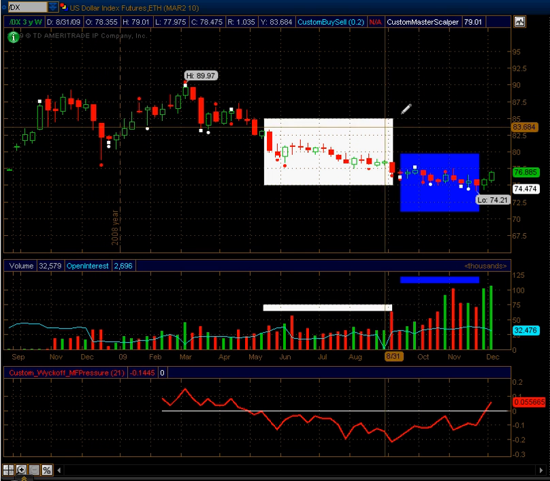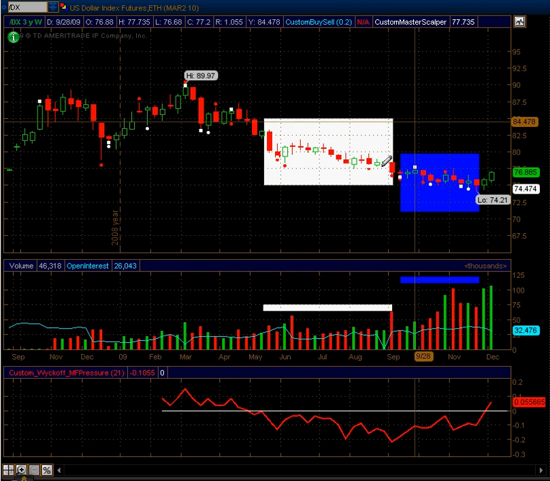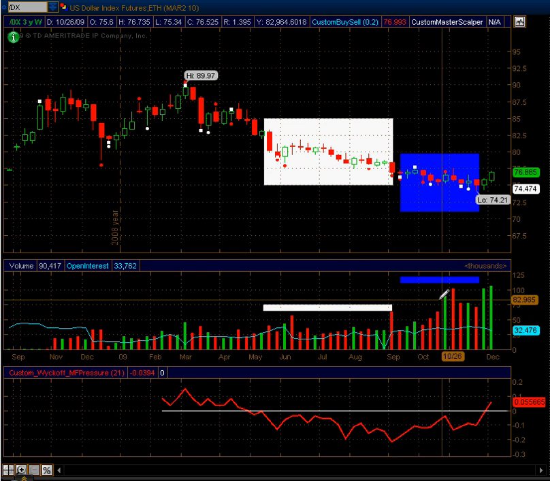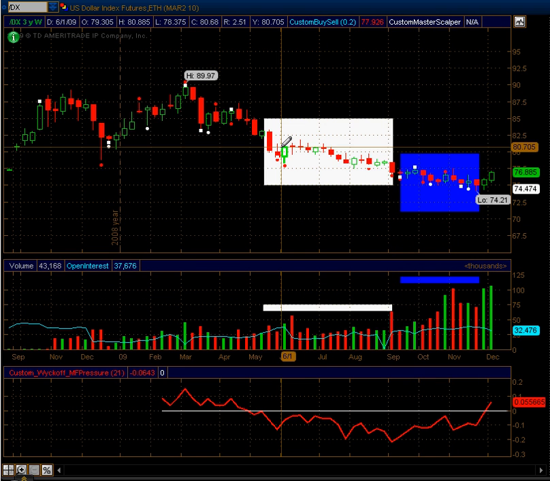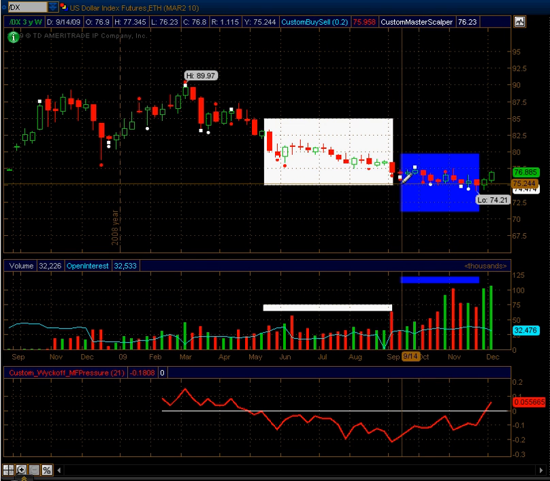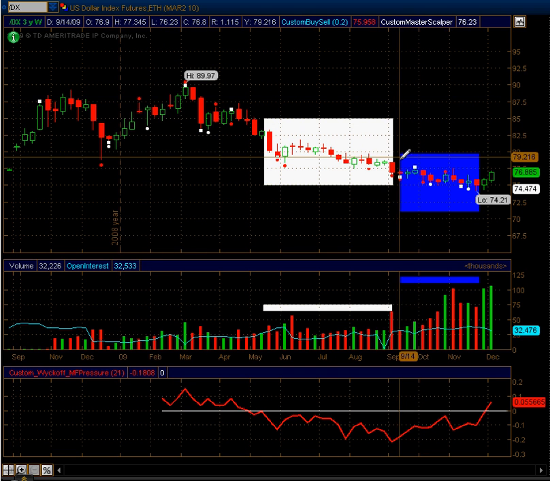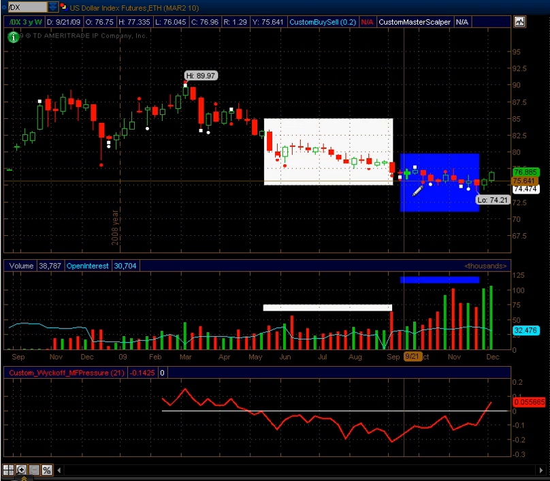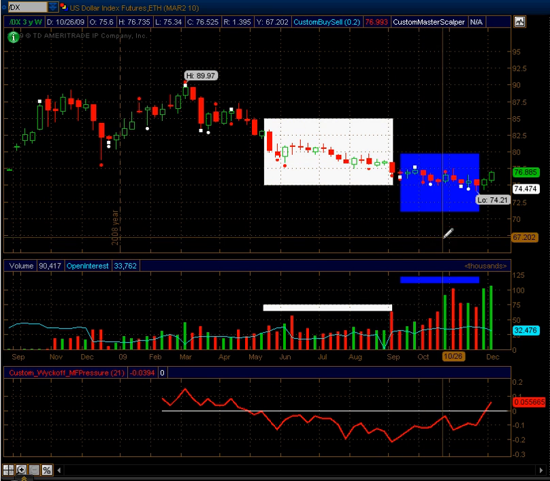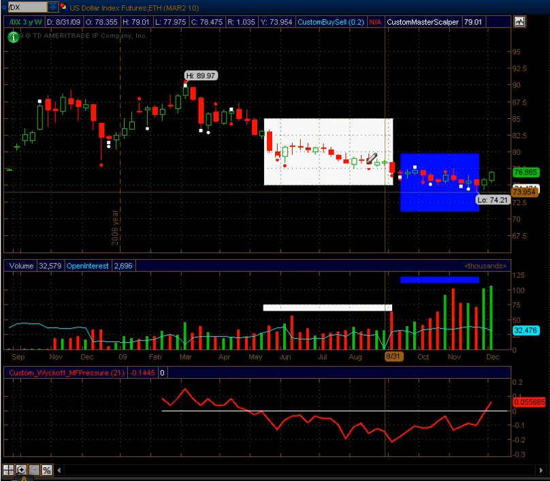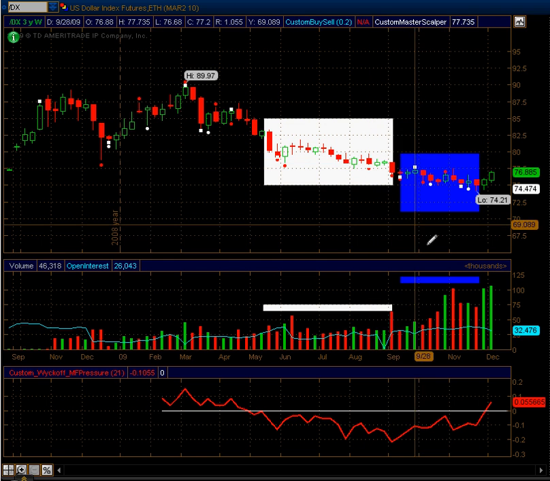Okay? So if selling was this heavy and nobody wanted to accumulate the dollar, or in this case accumulate these dollar index contracts, the slope of the fall would be much greater. But the slope of the fall actually wasn't that great.